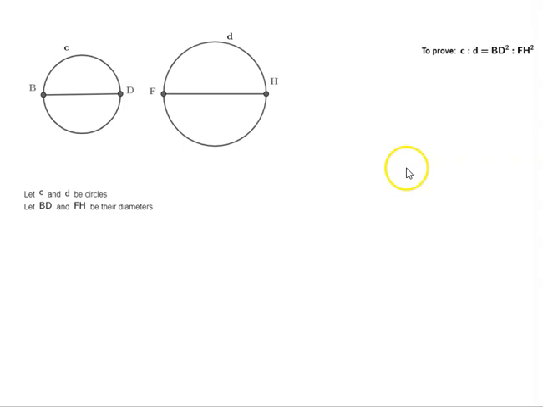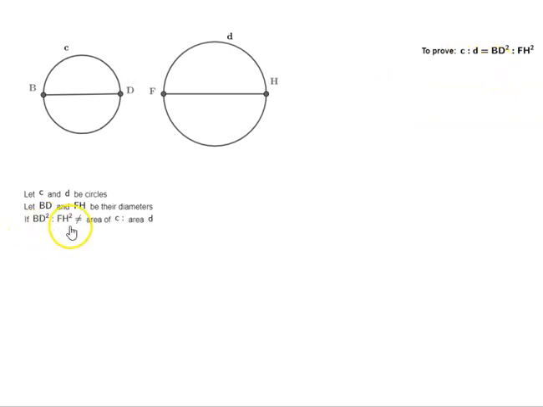So let's proceed. Let C and D be circles and let BD and FH be their diameters. Let's draw these. We have to prove that C is to D is equal to BD square is to FH square. We are going to use proof by contradiction, which means let's assume the contradictory statement.